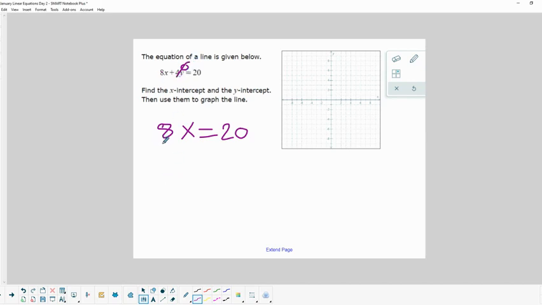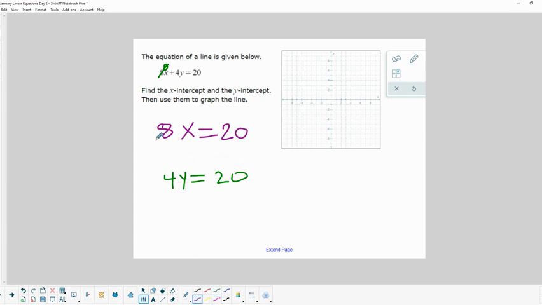And then on the second one, we let the x value equal to 0. And when we do that, 8 times 0 is 0. So we'll be left with 4y equals 20. And now we just have to do our dividing to find our x and our y intercept.